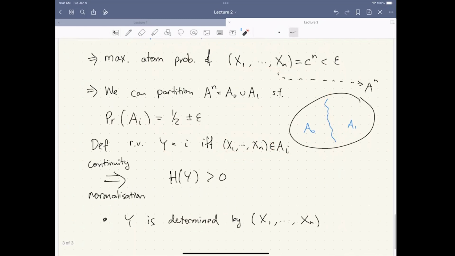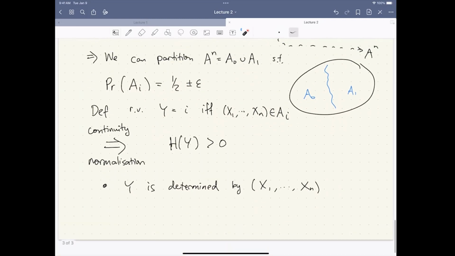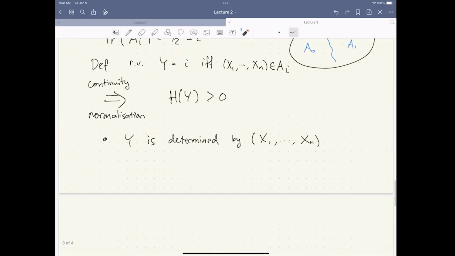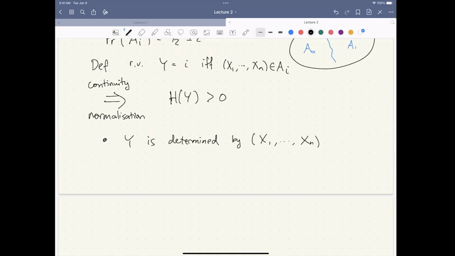So if we know the outcome of X1 to Xn, we know explicitly how Y looks. Y is completely determined by this random vector X1 to Xn. So this is the property that I forgot to prove for you. Let's use it as a black box now.